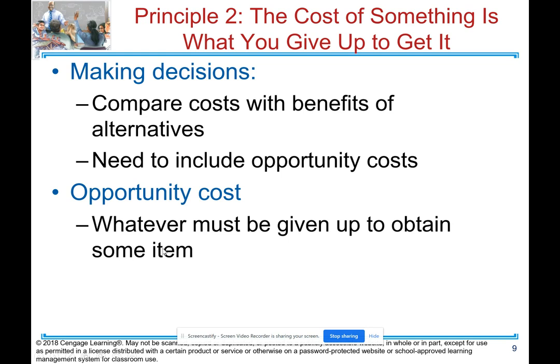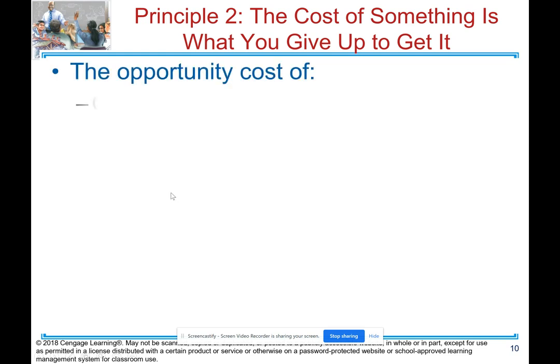People make decisions and they have to compare costs with benefits of alternatives. So you need to include opportunity cost in your decision making. Opportunity cost is defined as whatever must be given up to obtain the item, the foregone alternatives. That is the opportunity cost.